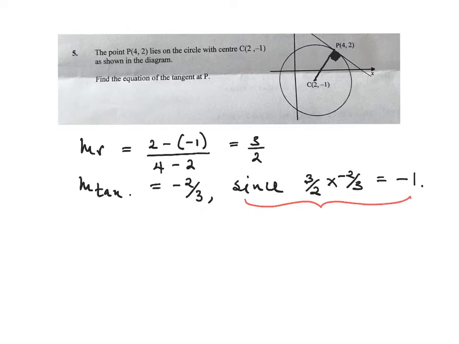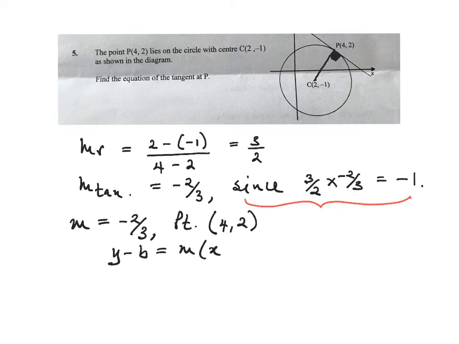So what can we do next? Well, we can use the form. We now have the gradient is minus 2/3, and we have the point 4, 2. So I can use the equation y minus b equals m x minus a. Y minus 2. Remember, this is a and this is b. Y minus 2 is minus 2/3 x minus 4.